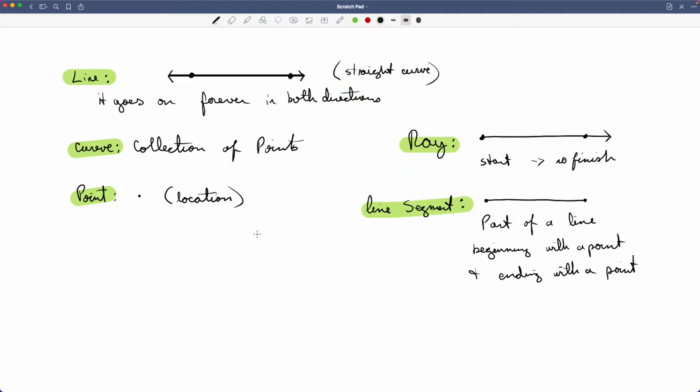Now, there are certain ways that we write the names of these things. So, for instance, when we write a line, I'm going to put that in red above it, we would write a line with 2 little arrows, and then we would put the name of the points. Usually what we do is we give the points a capital letter. So whenever we name this line, we put the points' names right there.